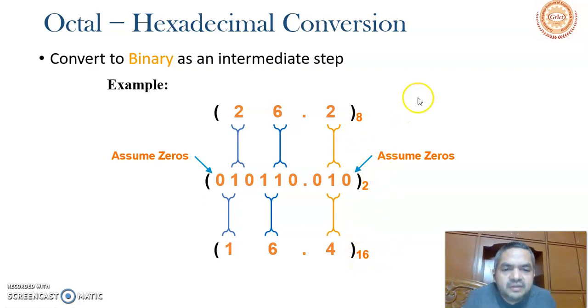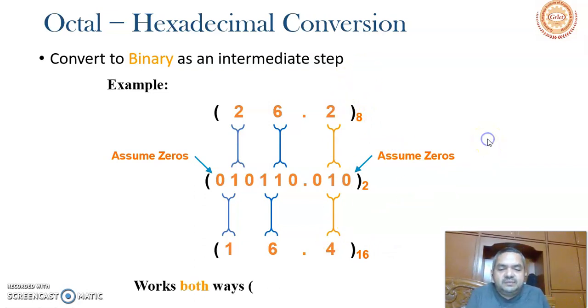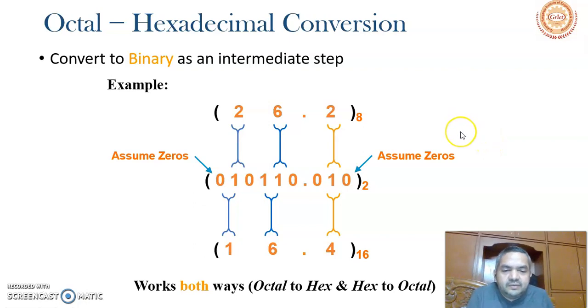The normal traditional procedure is that octal is converted first to decimal, and decimal is converted to hexadecimal, which is a very big process. But whenever the bases are powers of 2, doing it like this is very, very simple, and this procedure works well for conversion of octal to hexadecimal as well as hexadecimal to octal.